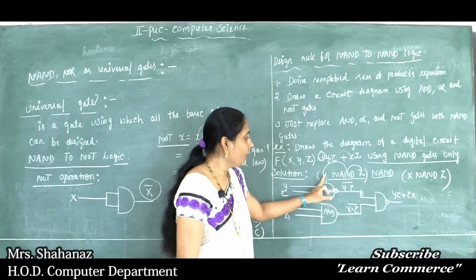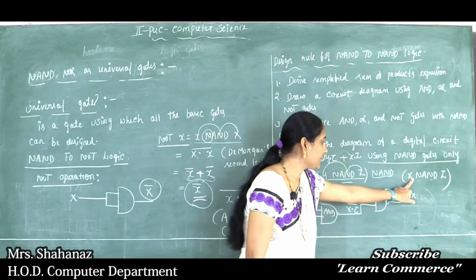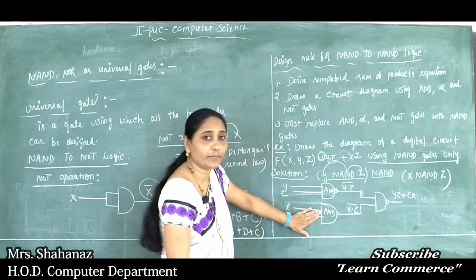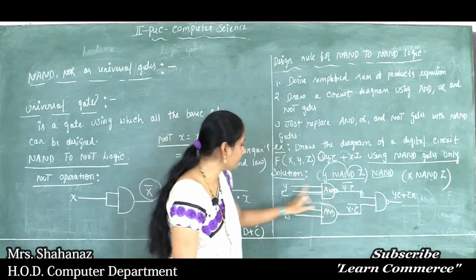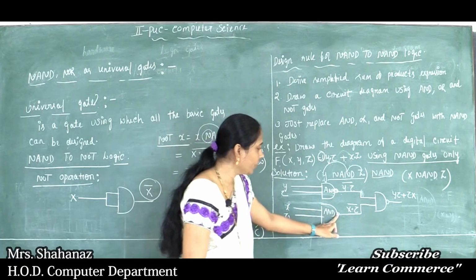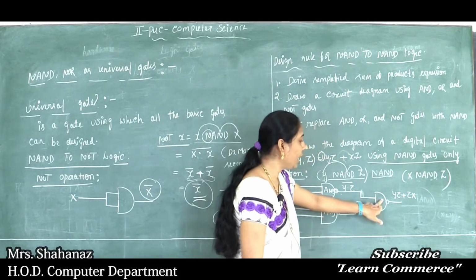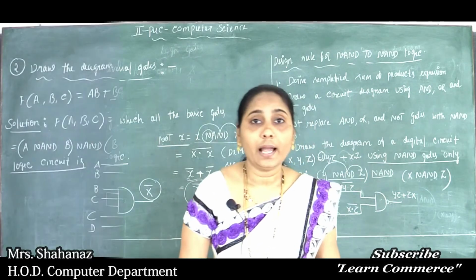Okay. So Y NAND Z, NAND X NAND Z. Everything I converted using AND to NOT here. So Y and Z NOT, X and Z NOT, and later connecting to the AND NOT. So finally YZ plus ZX.